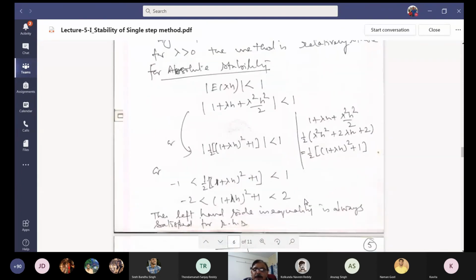Okay, let me show that. You may write this as 1 by 2 times (1 plus λh) whole square plus 1, because if you take out 1 by 2, this will be λ square h square plus 2λh plus 2, so I take 1 with the square term.